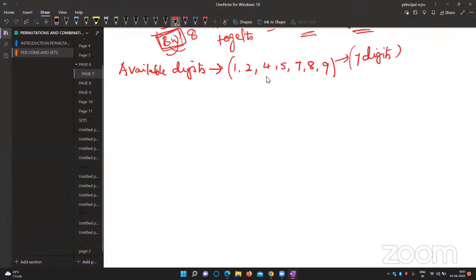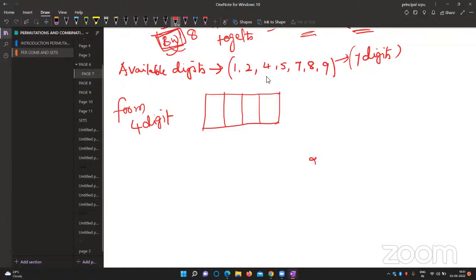So you have to form a 4-digit number, with the first digit, second, third, and fourth digits. But one condition I've given: no digit is repeated. Suppose a 4-digit number like 2244, you cannot do like this. You cannot form a 4-digit number by using these digits.